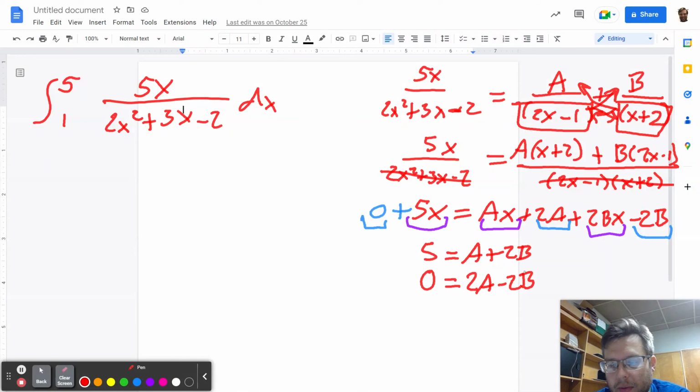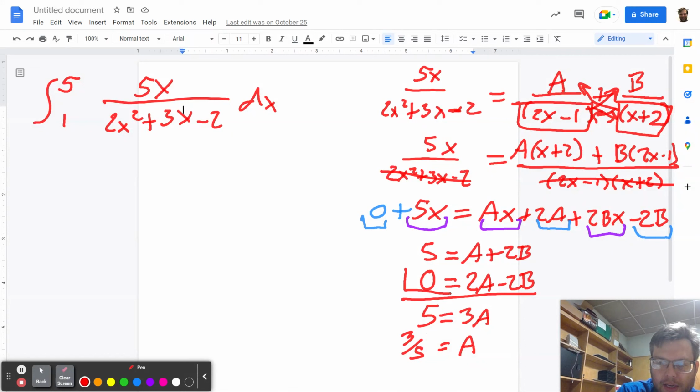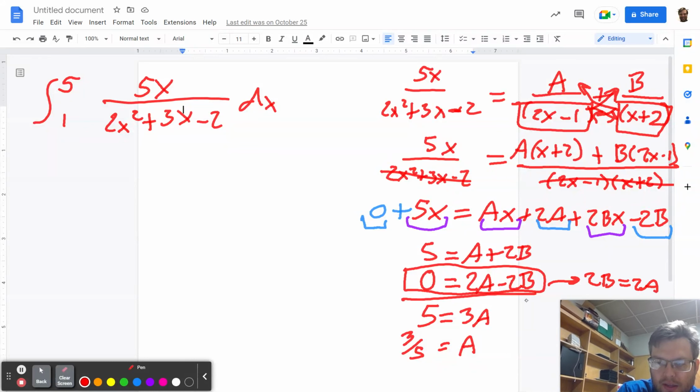So assuming I haven't made a simple algebra error here, I'm just going to add those equations together. So I get 5 equals 3a. So a is 3/5. And then if I substitute that back into the bottom equation here, which is equivalent to saying 2b equals 2a, then that would mean that b also equals 3/5.